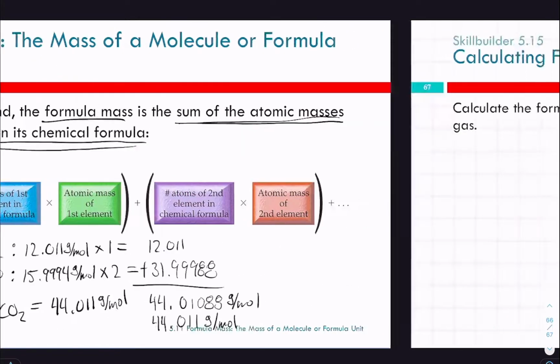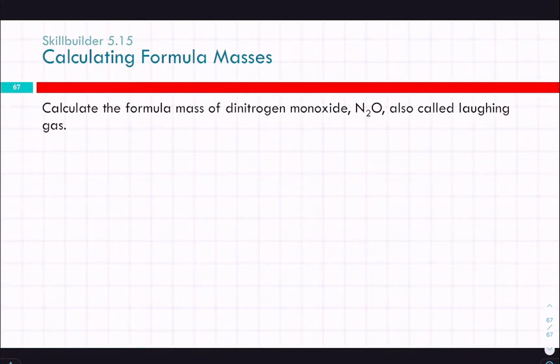I've got a couple more examples here too. For the formula mass of dinitrogen monoxide, which is also laughing gas, N2O, we have nitrogen and oxygen. The mass of nitrogen is 14.01. I'm going to use 14.01 grams per mole, and we'll multiply that by the 2 nitrogen atoms.